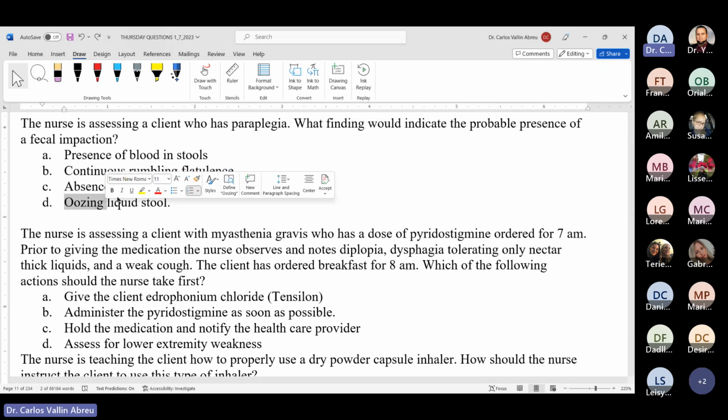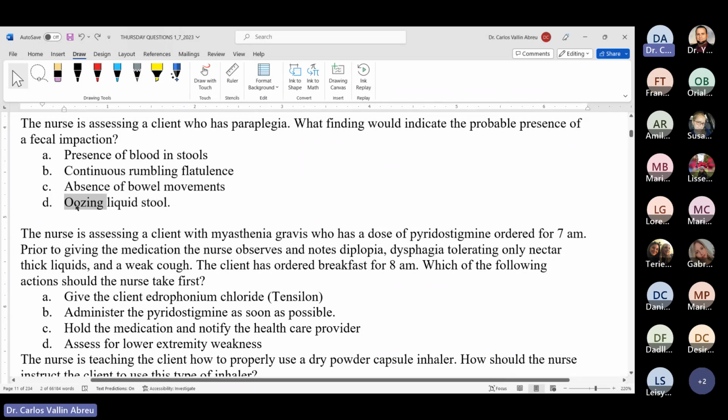Oozing is a continued leak in a small amount, but it's a continuous leak. Could be oozing blood in some wounds. This word is frequently used in DIC.